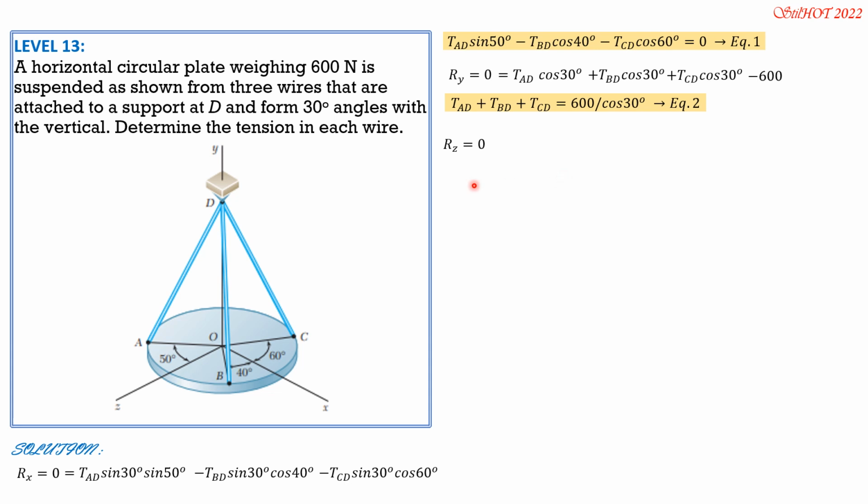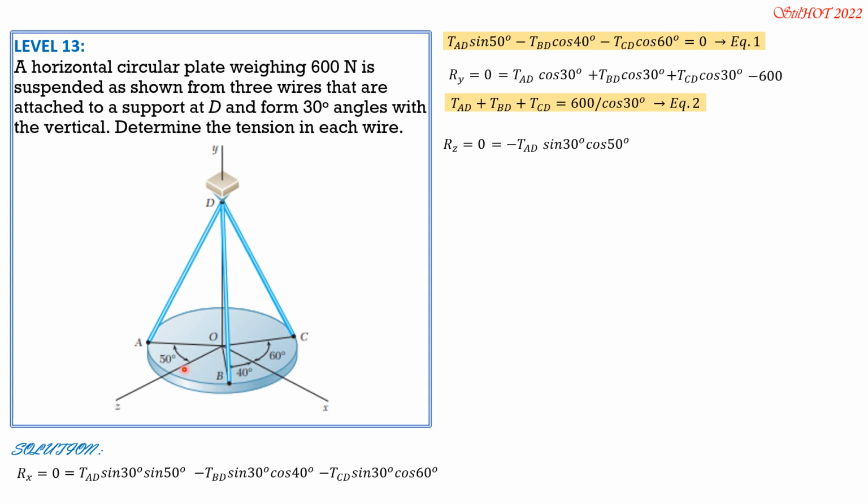The component of resultant is 0 because this is in equilibrium. So AD is negative. So again, let's compute the component along AO first, then adjacent, so times cosine 50. So it is negative tension AD sine 30, then times cosine of 50, negative.